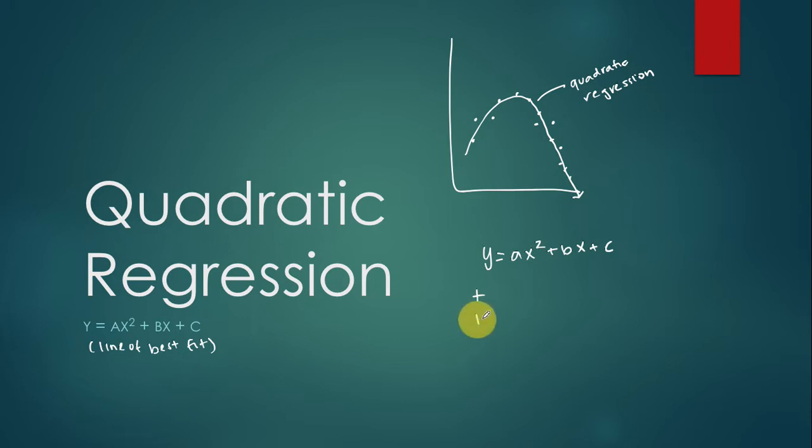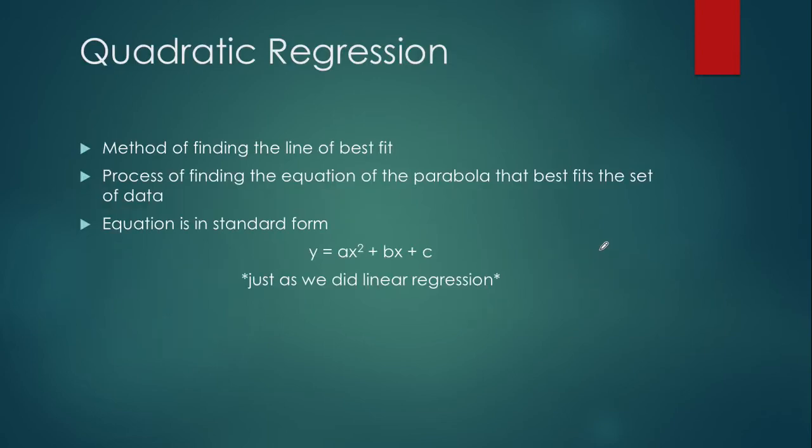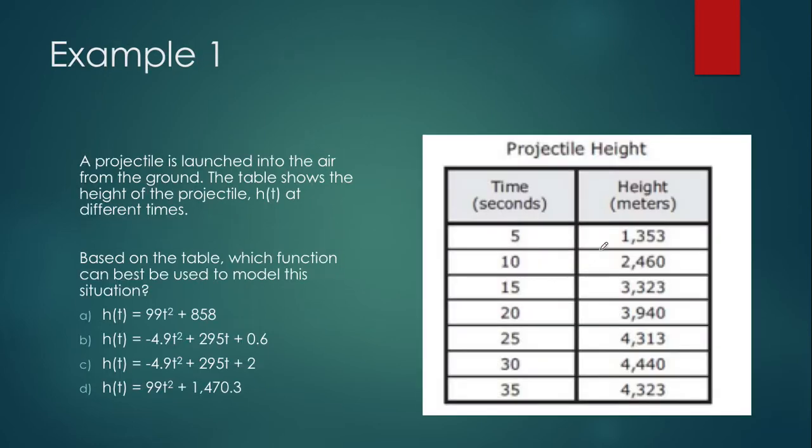We're going to add a table, put our table in, put the points in, and then do y1 squiggle ax1 squared plus bx1 plus c. So you're just replacing with whatever the title of the tables are for x and y and the equal sign. So this is just like linear regression. So let's look at our first example.